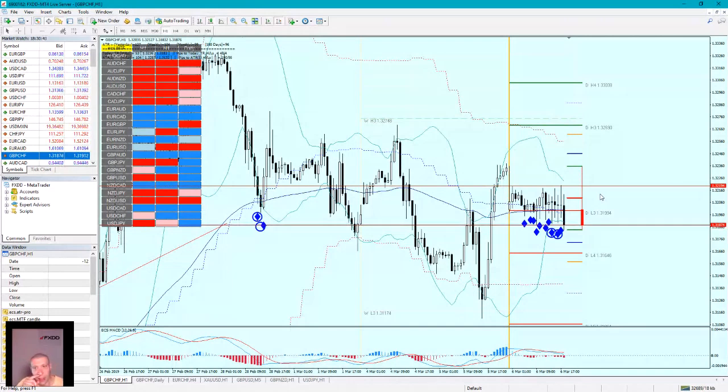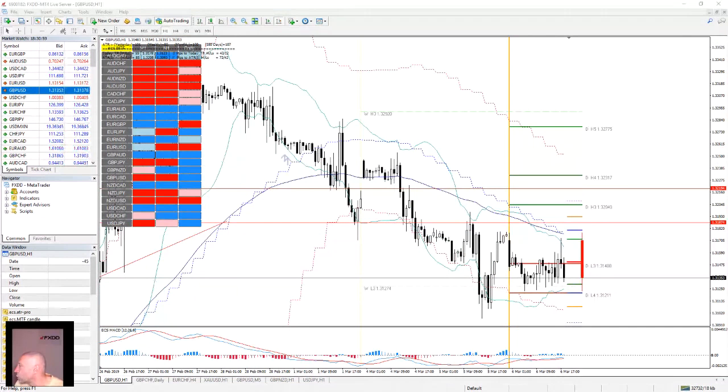One question before we close it: why we didn't receive signal on GBP dollar in the beginning of the hour? Let's see the GBP dollar. I will tell you right away why. I don't see any signal here. Yeah, we are fully transparent, indeed. Let me just check one more. Yeah, I didn't see the signal here, actually.